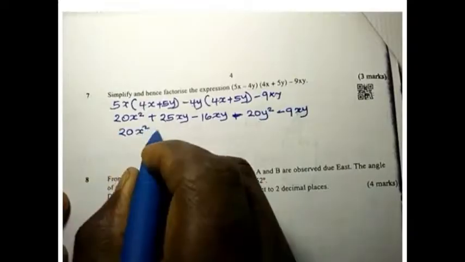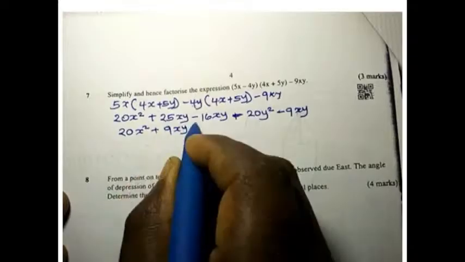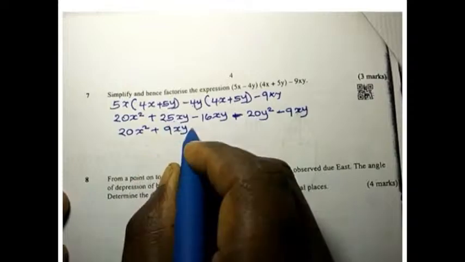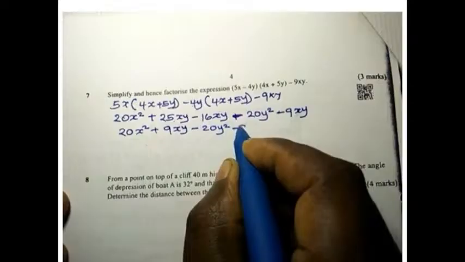But we collect like terms together: this minus this, we are going to have 20x squared plus 9xy, and then minus 20y squared minus 9xy.